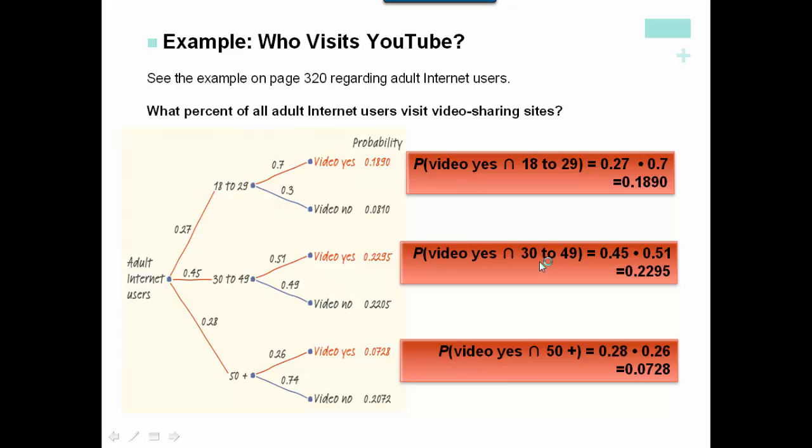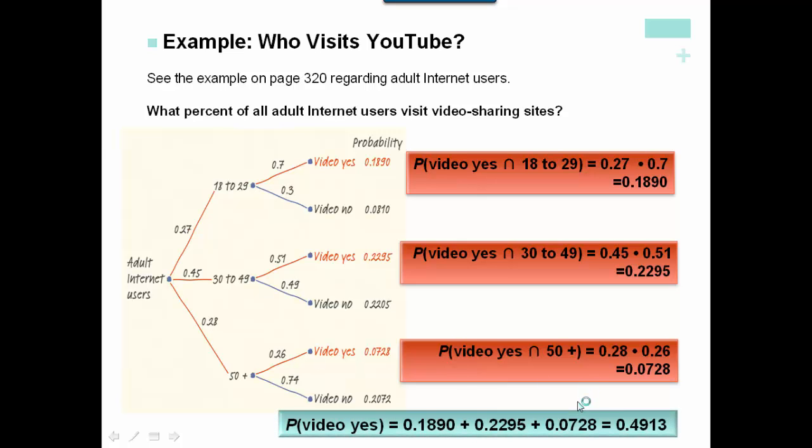The probability of video yes and 30 to 49 is 0.45 times 0.51, and the probability of video yes intersect age 50 and up is 0.28 times 0.26. So for the probability of video yes, we add these probabilities together. We're adding these three numbers together to get our total probability.